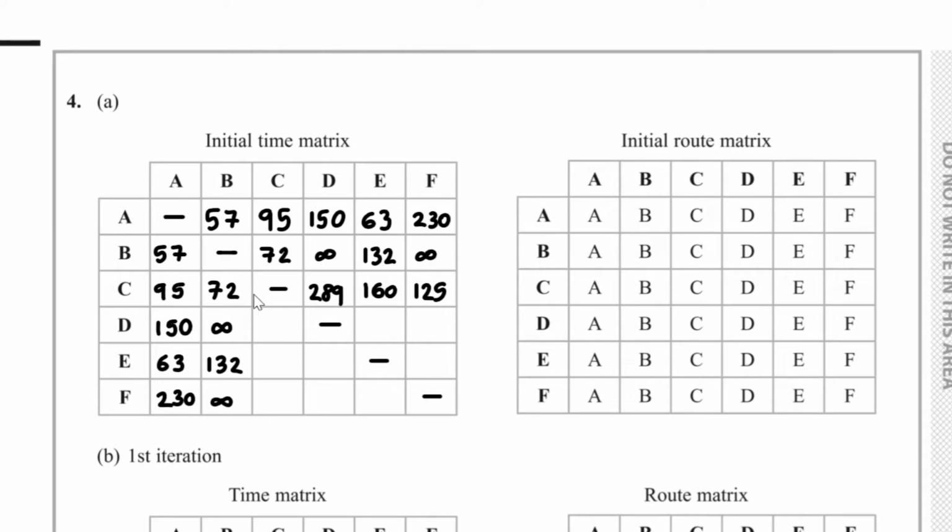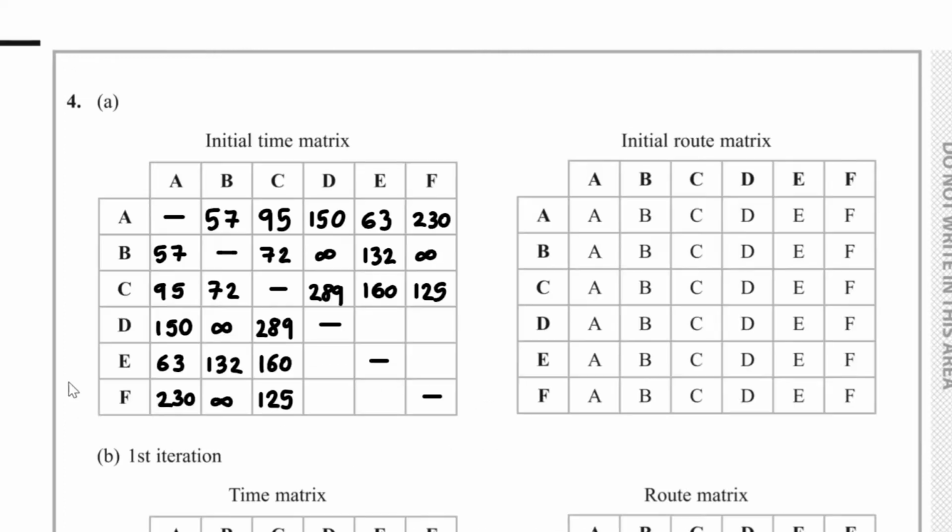Now down column C, we have 289, 160, 125.